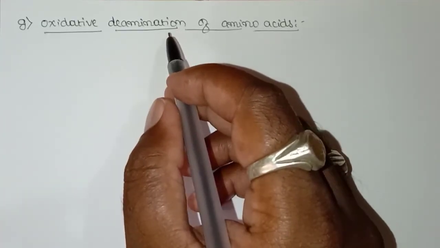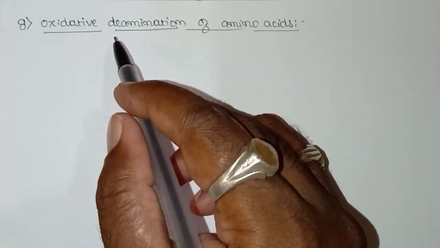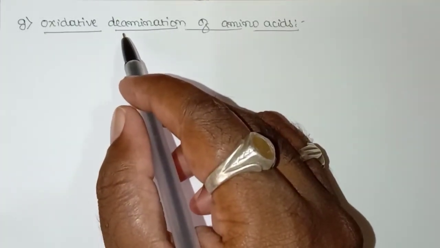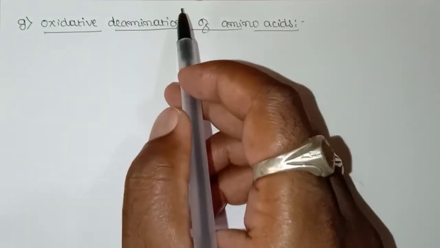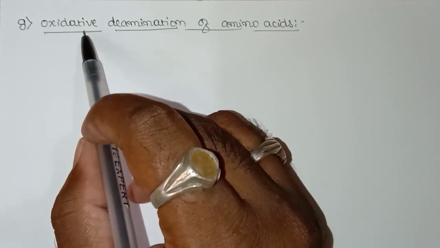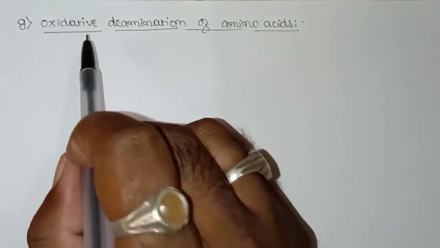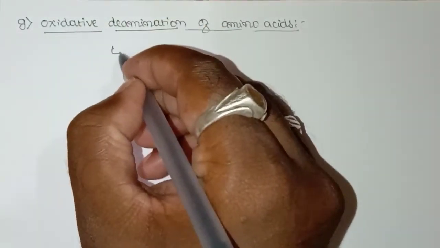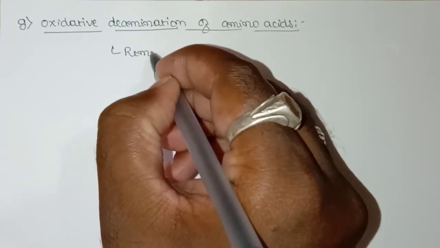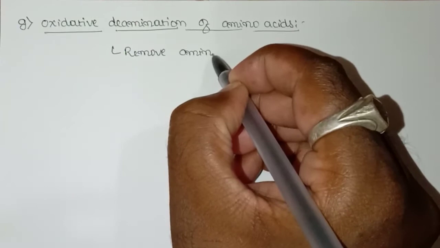Reaction of amino acids due to the NH2 group is oxidative deamination of amino acids. In case of this particular reaction, the heading itself gives you some information. It is oxidative deamination, meaning we are going to perform oxidation as well as deamination, that is, remove the amine group of the amino acid.